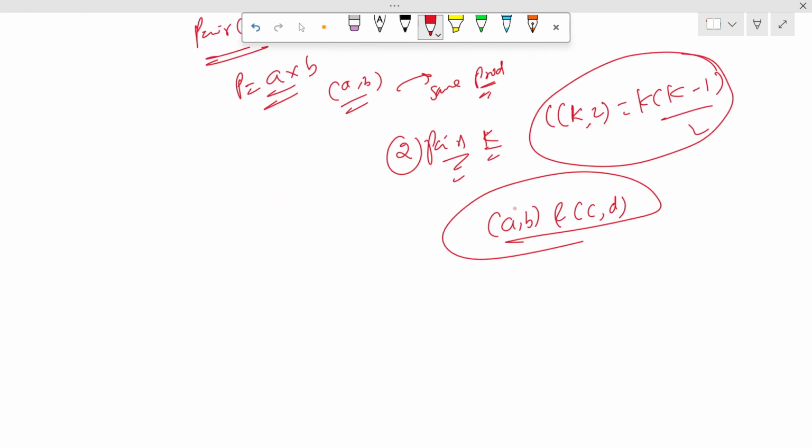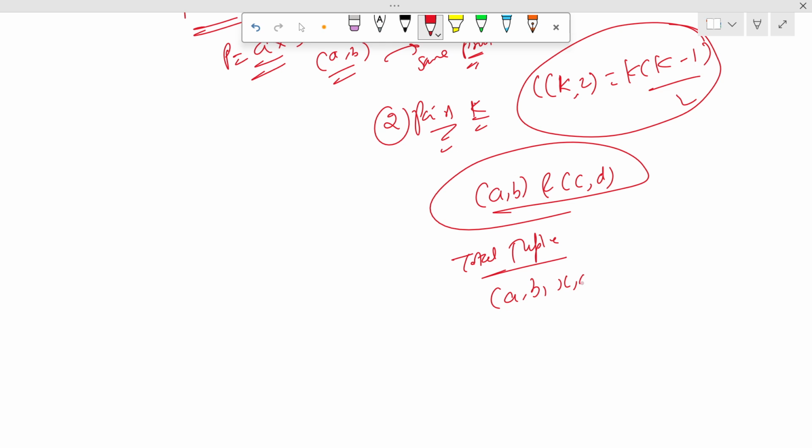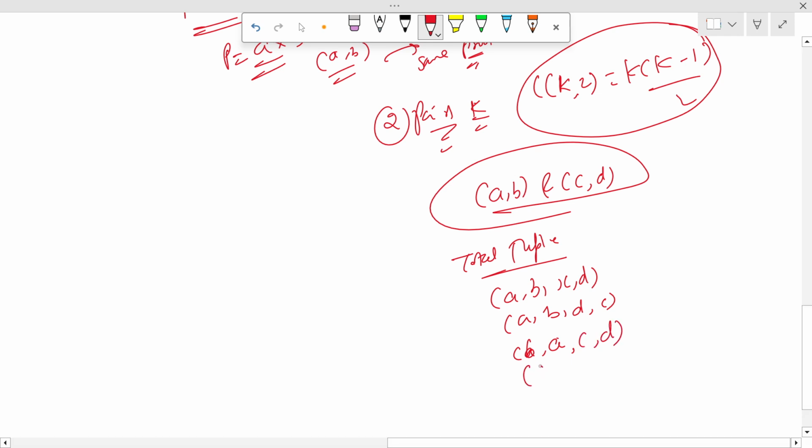we have to find their total tuples, like total tuples of (a, b, c, d) and (a, b, d, c), sorry, (b, a, c, d) and (b, a, d, c), and so on.